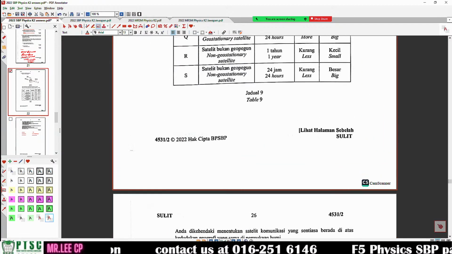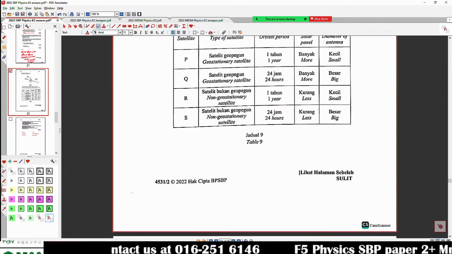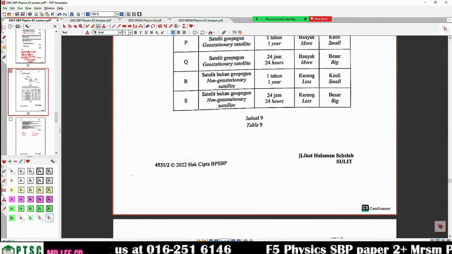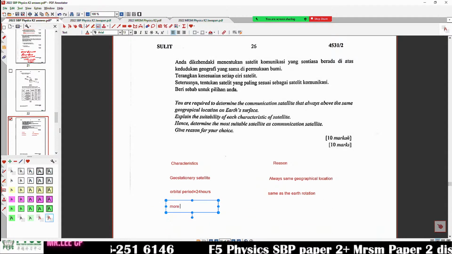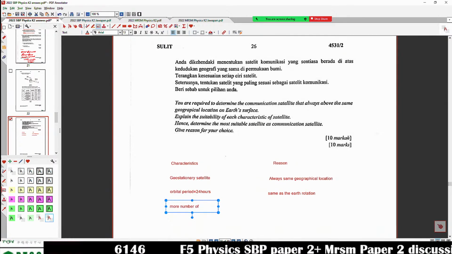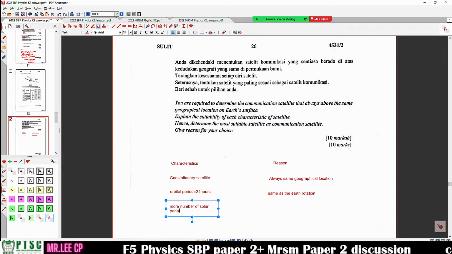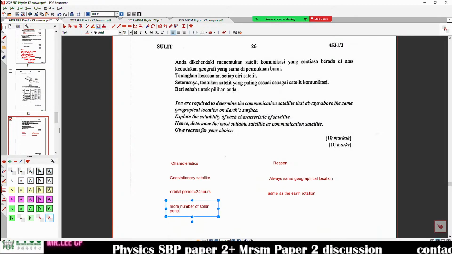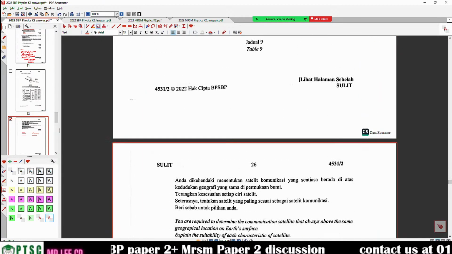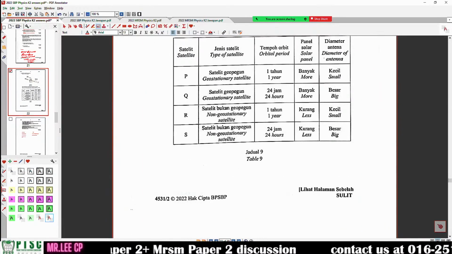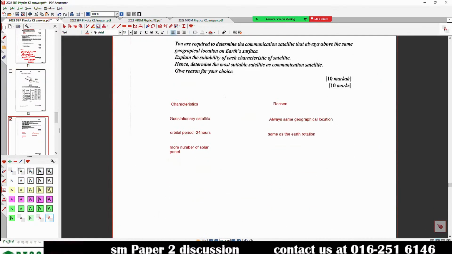Next one, we're going to see this one. So we have to have more solar panels, more number of solar panels. The reason why is it can provide more energy, can give more current.